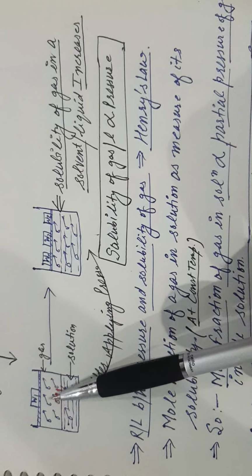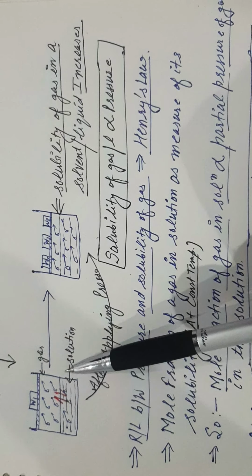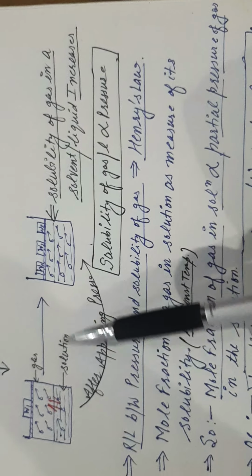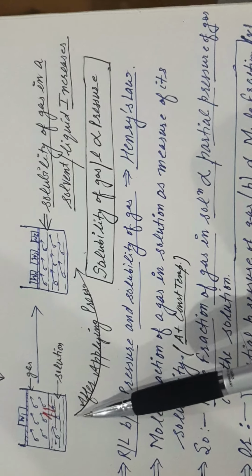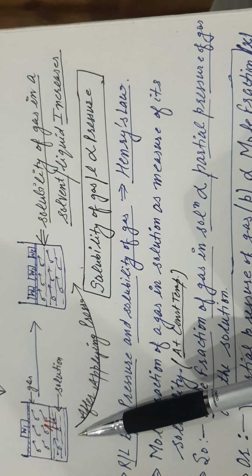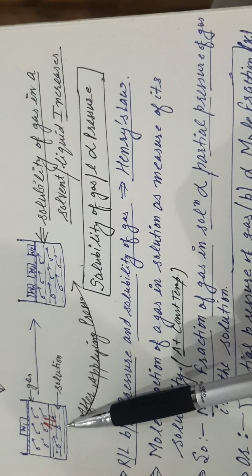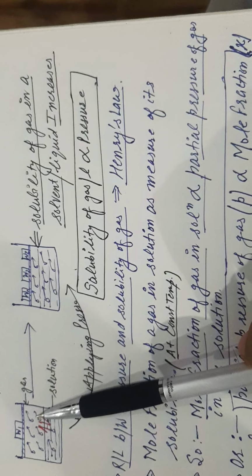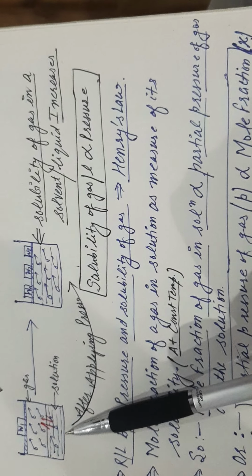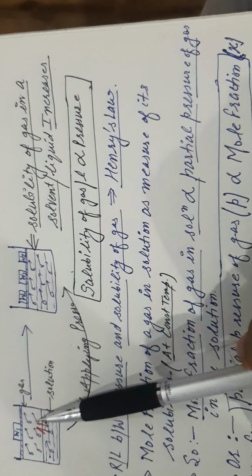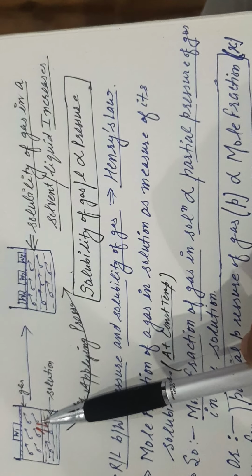Solubility of a gas in a liquid by applying pressure, let's demonstrate with the help of a diagram. Consider a system as shown in the figure. The lower part is solution and the upper part is gas at a particular temperature and pressure, and there is a state of dynamic equilibrium.